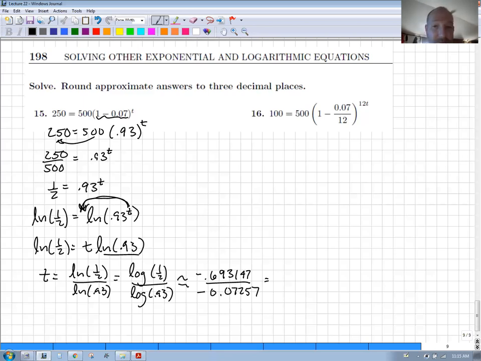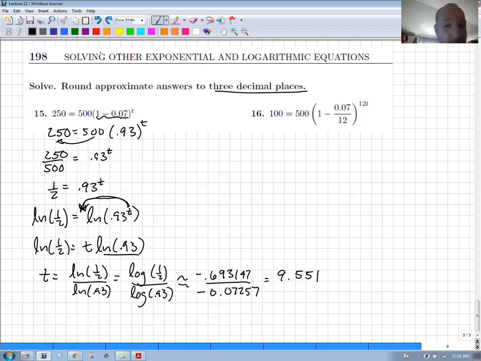So let me divide these. 0.693,147 divided by 0.07257. So they're both negative, so those cancel out, and I get a 9.551. I wanted 3 decimal places. That's why I put so many decimal places here.